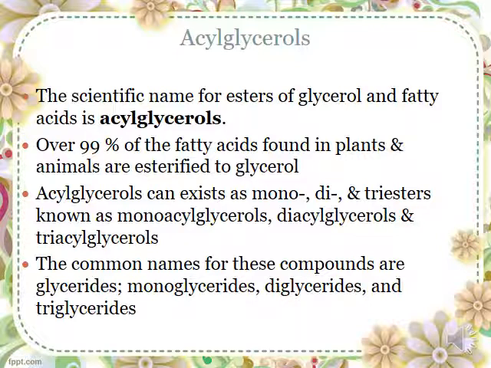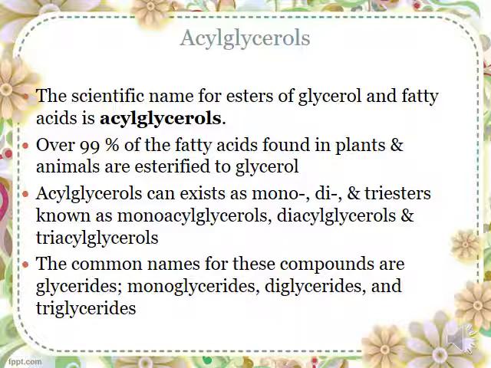Now, the scientific name for ester of glycerol attached with fatty acid is acylglycerols. Over 99% of fatty acids that are found in plants and animals are in the esterified version to glycerol.